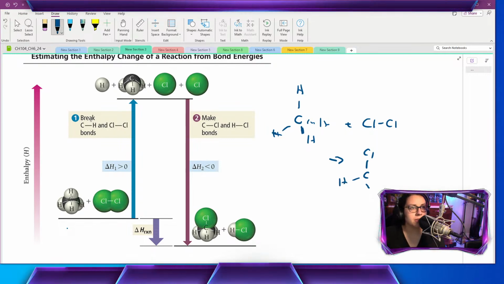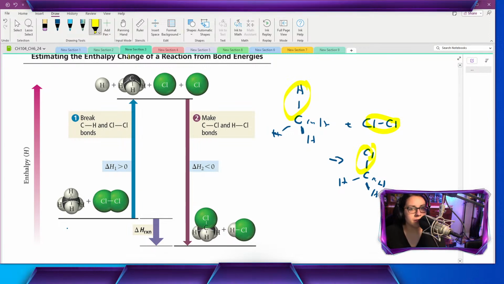So we replaced a hydrogen with a chlorine. Just note what changed. Maybe you can start highlighting: okay, we need to break this bond, we made this bond, and we also broke a chlorine-chlorine bond and made an HCl bond.